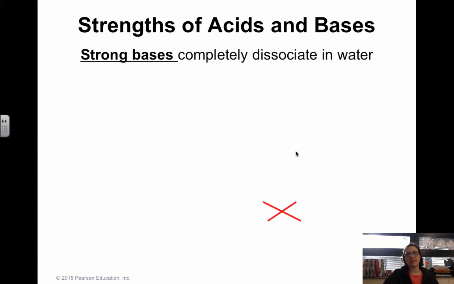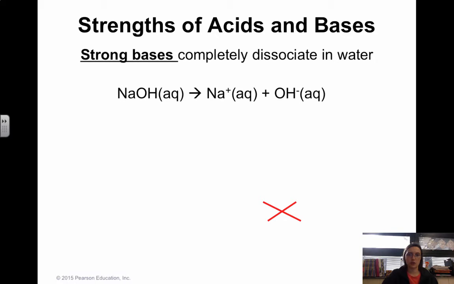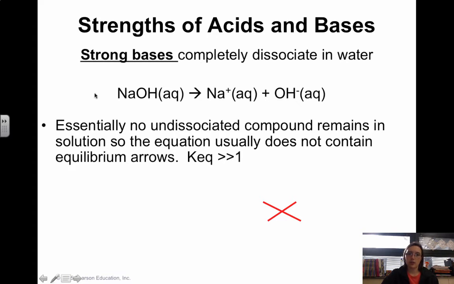In terms of strong bases, they completely dissociate in water. That means that they completely break apart into their ions in water. So we have sodium hydroxide. Notice it's a single arrow because it dissociates 100% in water to form Na plus and OH minus. So much like strong acids, there are no base molecules, no NaOH molecules remaining in solution.